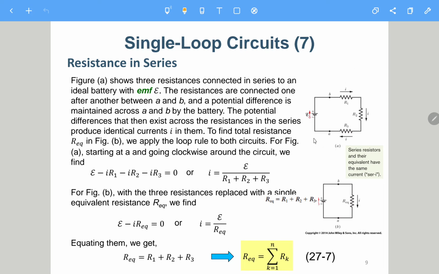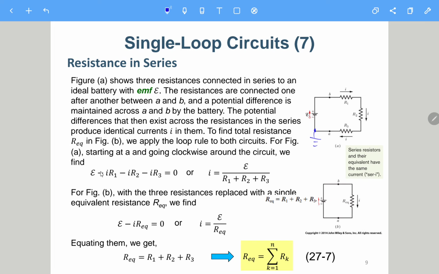We can simply apply the KVL. We start from here and assume this point to be the ground, so this is 0 volt. Then we add E here, and going to here it should be R1 I with a negative sign, and then going to here, minus I R2, minus I R3, and then going back to the original point.